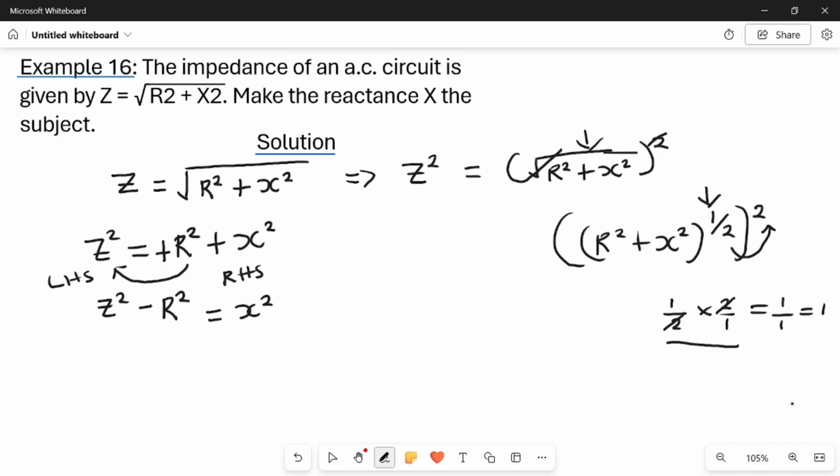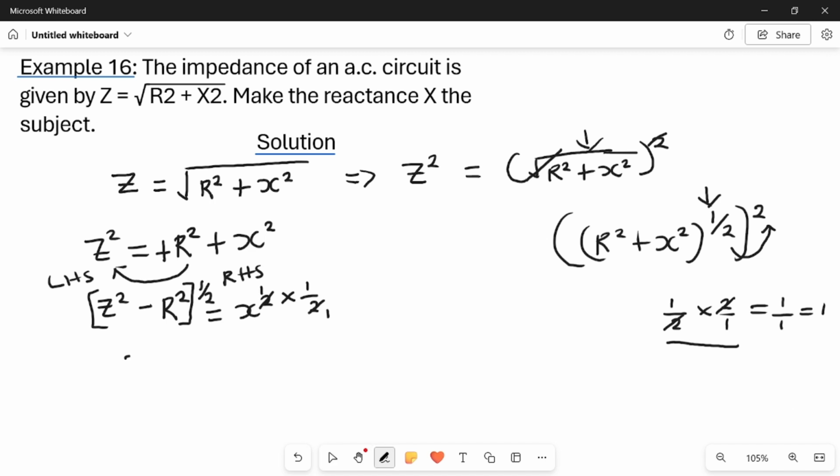Now how do we eliminate this X square? To eliminate this X square, we simply multiply this X square by half. That's 1/2, right? And if we multiply here by 1/2, we also have to multiply everything here by 1/2, right? And if we multiply it, 2 here will cancel to get 1, 2 here will cancel to get 1.